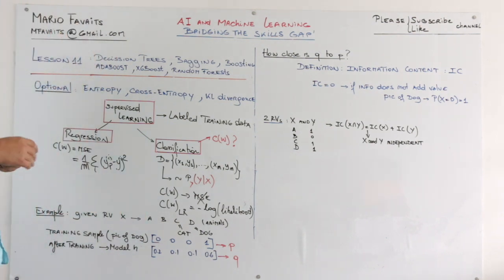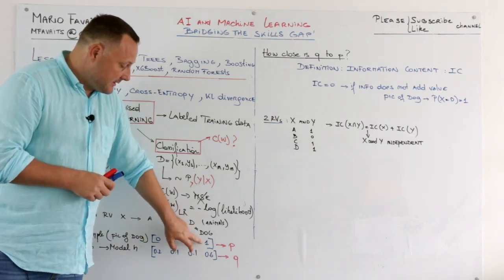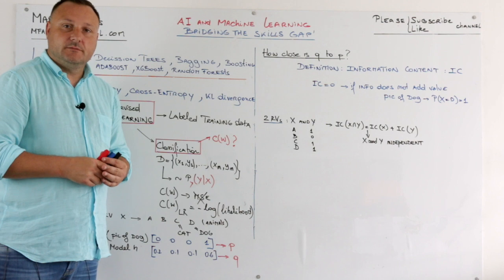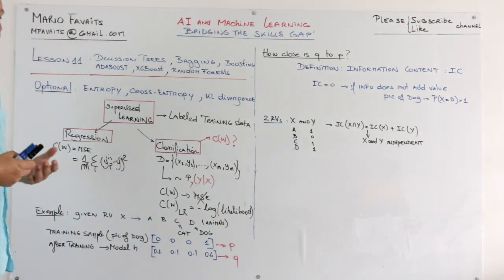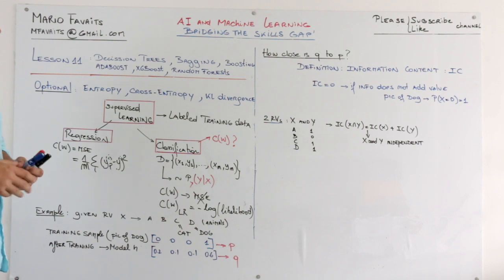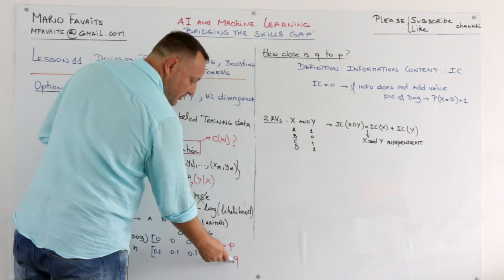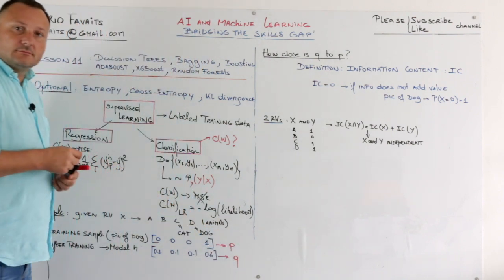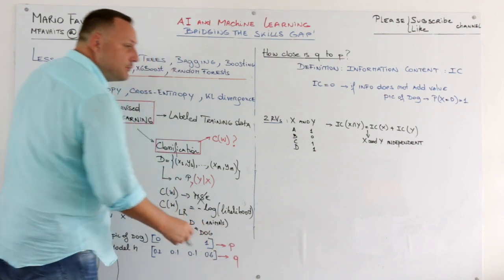It's different, but it's still pretty good, because if you take the highest probability here, it says it will be a dog. So the whole essence of finding a cost function is to find out how close Q is to P. How close is the distribution of my model to the real distribution?